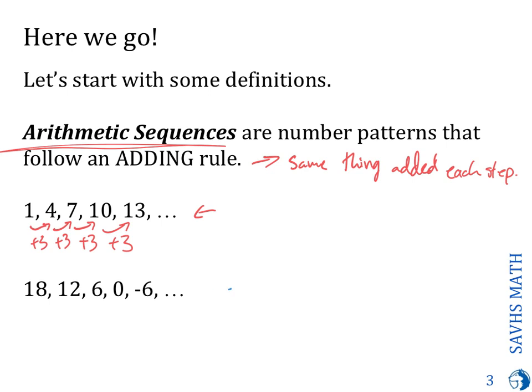This one is also arithmetic. We can see that because we are adding the same thing each step, but the thing we're adding is negative. So we're adding a -6. Each step, it looks like it's going down by 6, but what we want to say is we're adding -6 each step.